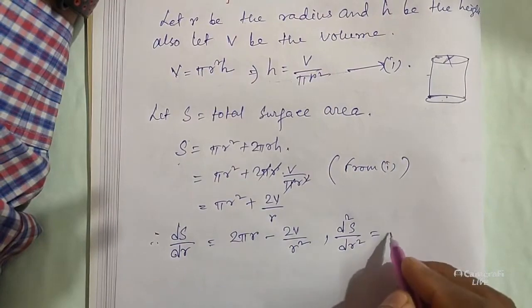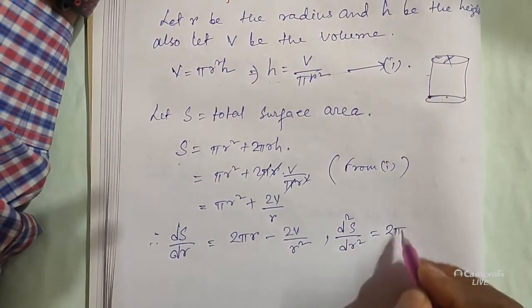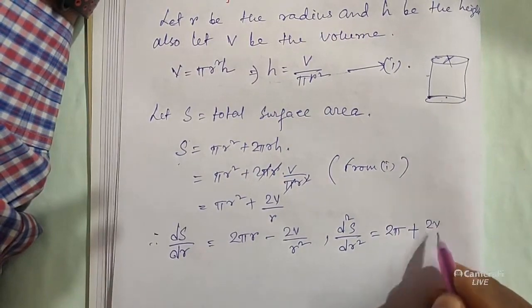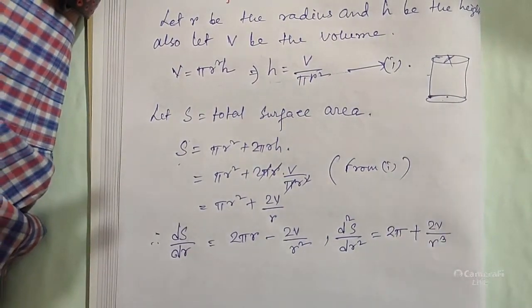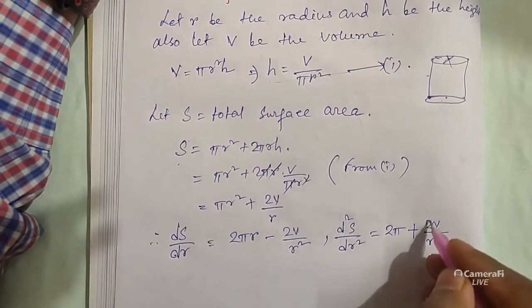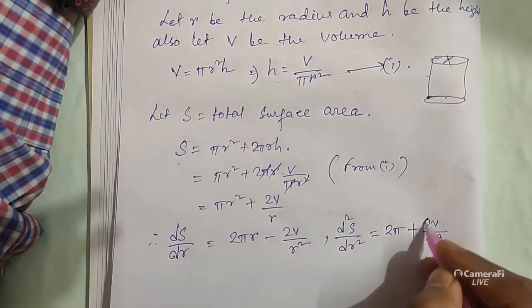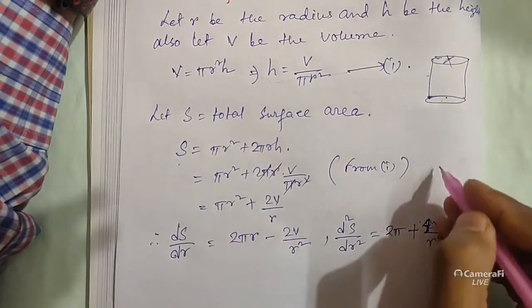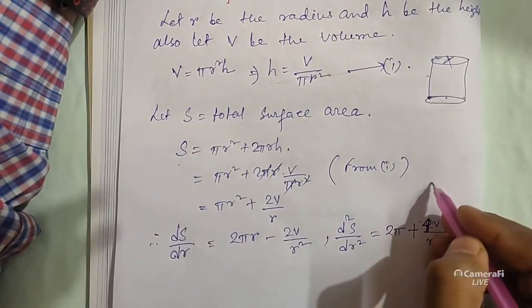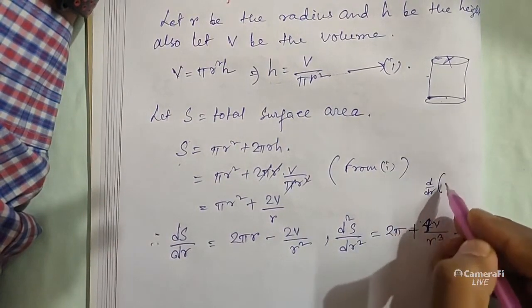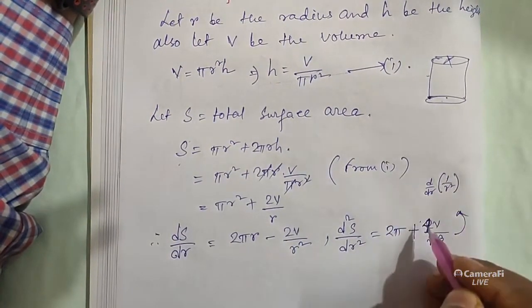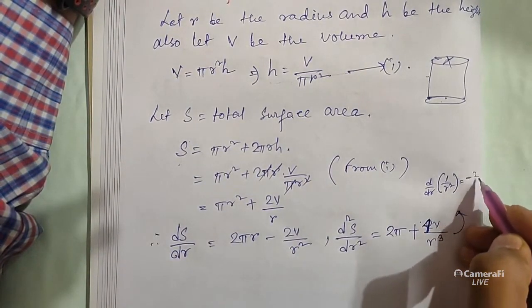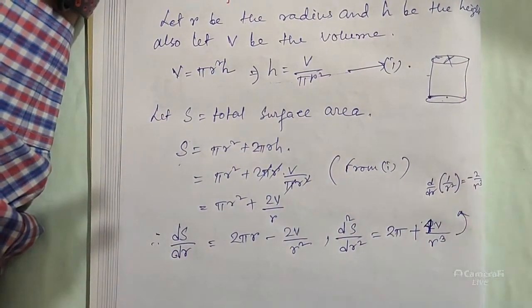We will get 2 pi plus 2V into 2 by r cube, so we can write 4V by r cube, because d by dr of 1 by r square equals minus 2 by r cube.